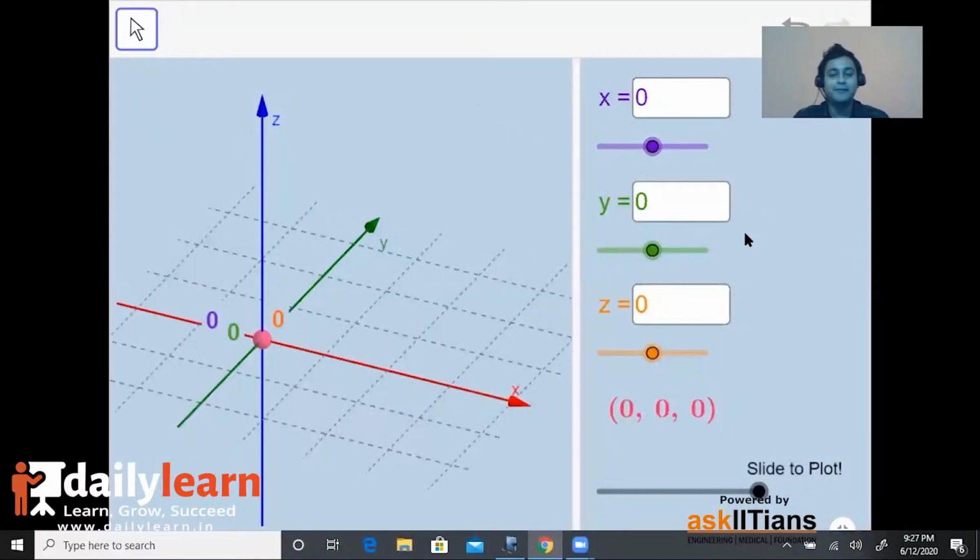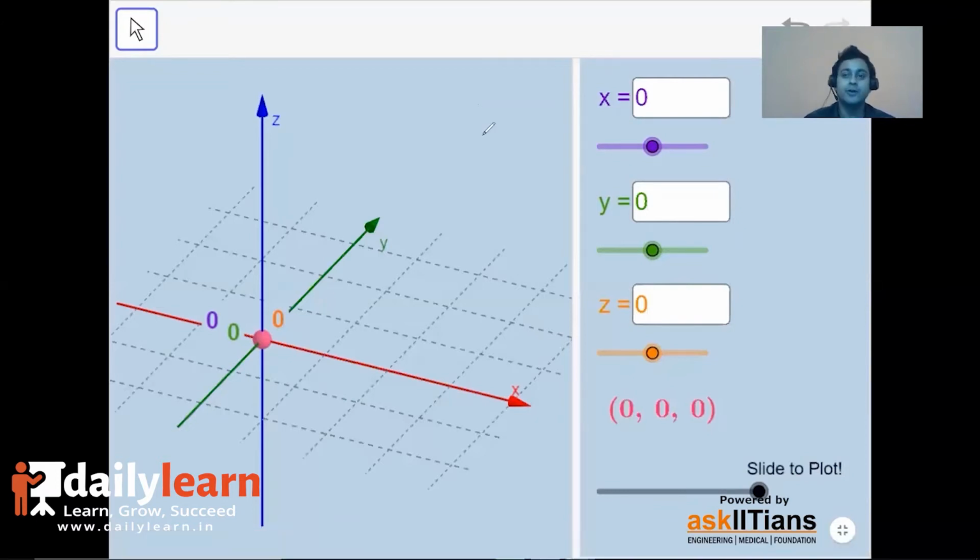Okay guys, if you look at this plane at the moment, I have constructed a 3D space over here, and this thing overall is called the coordinate plane, or sometimes the Cartesian plane.